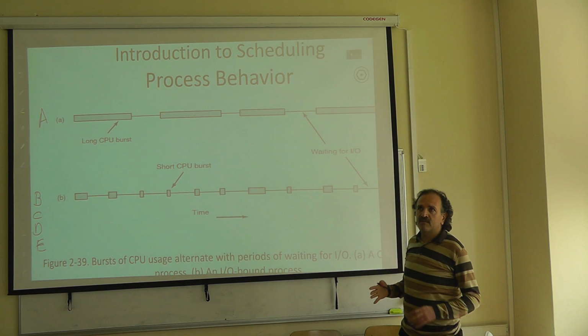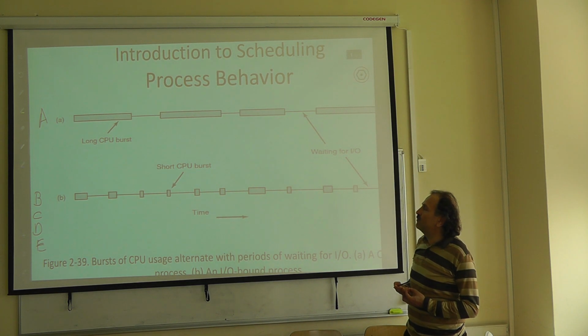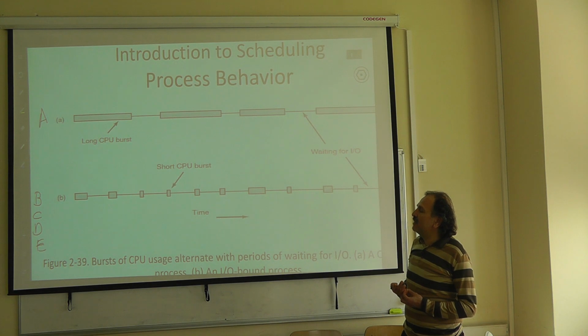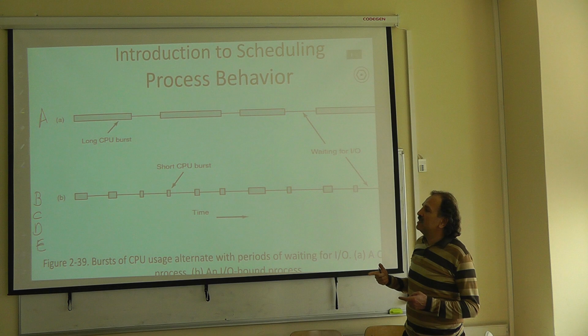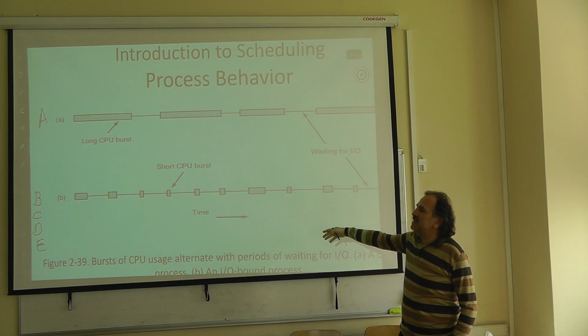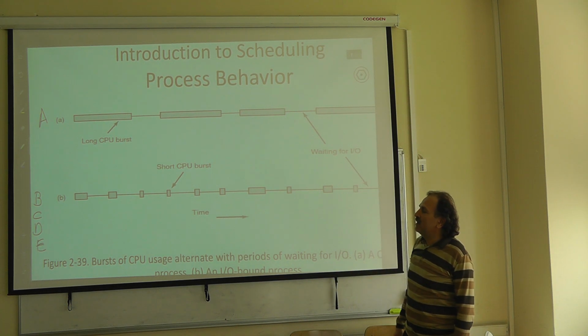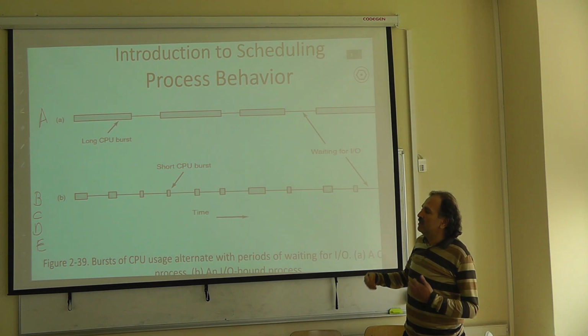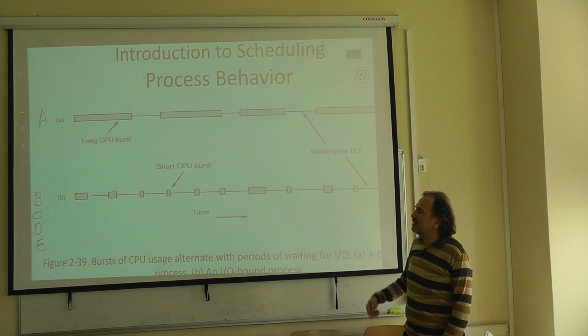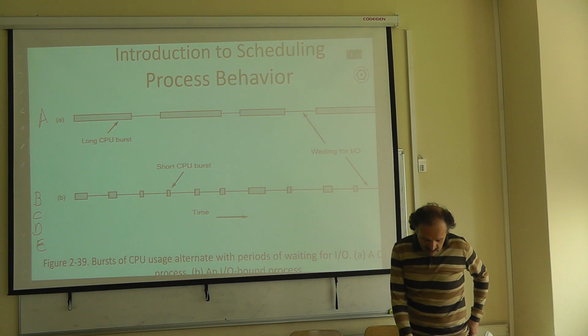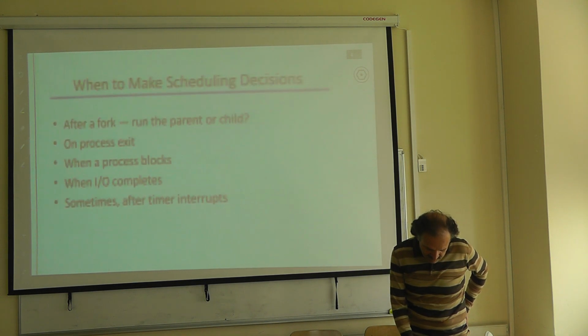So what is the bad side of this? This way, our throughput is getting lower and lower, because instead of finishing the jobs B, C, D, and E on time, I am giving more importance to A. So B, C, D, and E will be late to finish their jobs, and the overall throughput will be smaller.